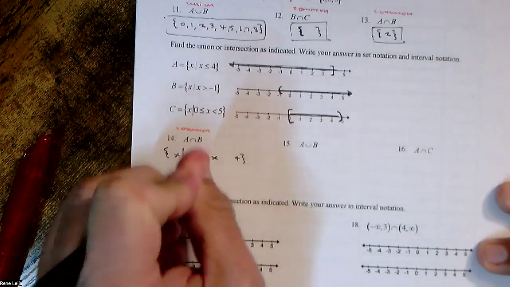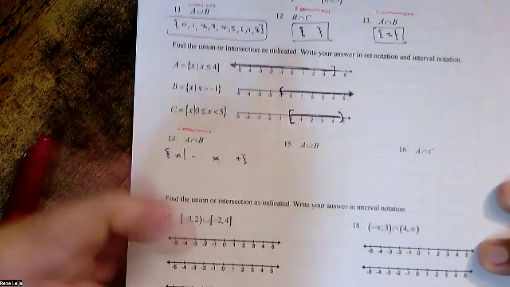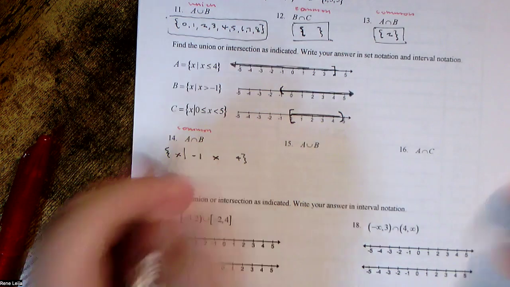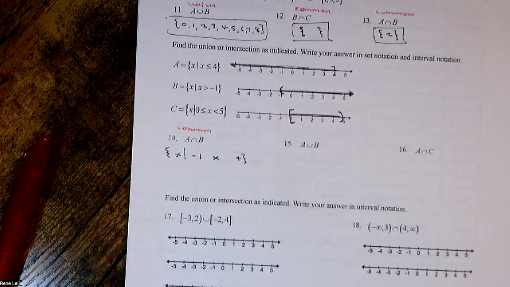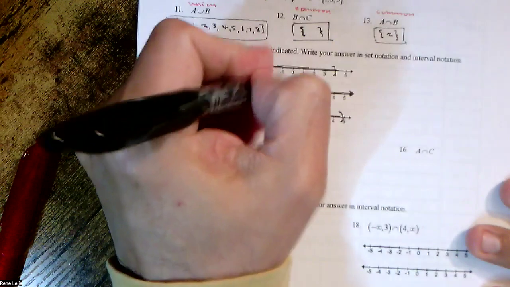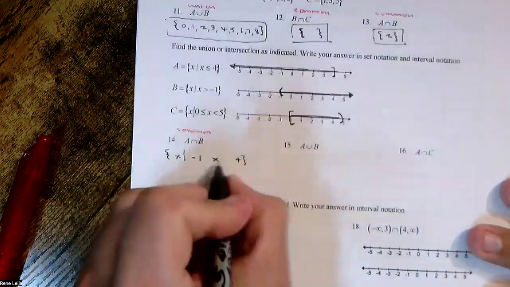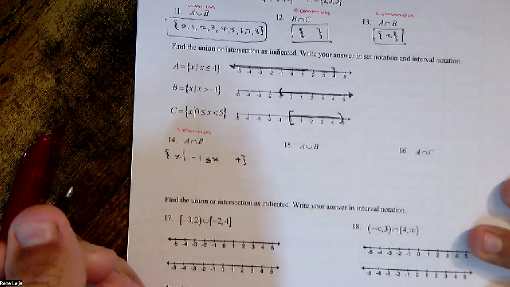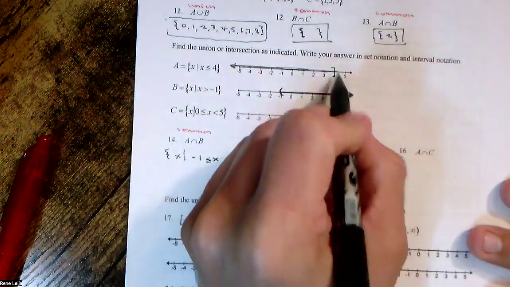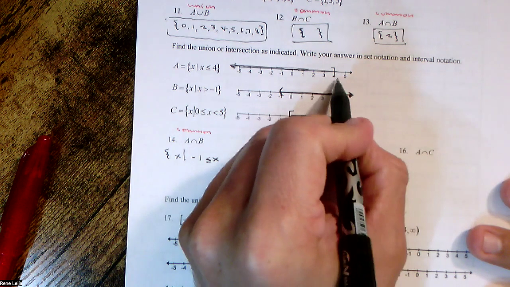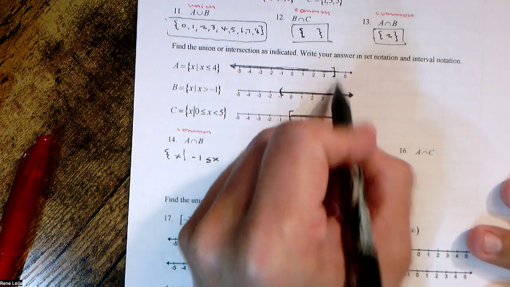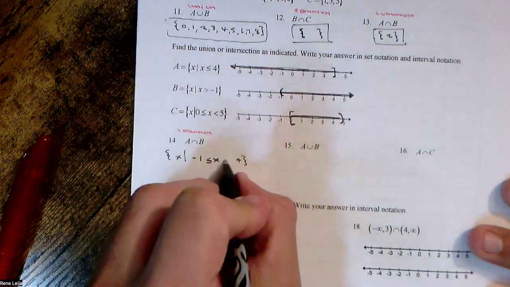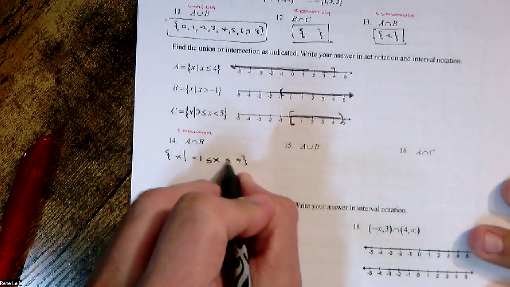Now, remember at negative 1 for set A, it does include negative 1, B does not include negative 1, but this covers it. It picks it up. So that means this is going to be less than or equal to. And then at 4, well, A closes at 4 and B does exist at 4. So that's also going to be a less than or equal to.